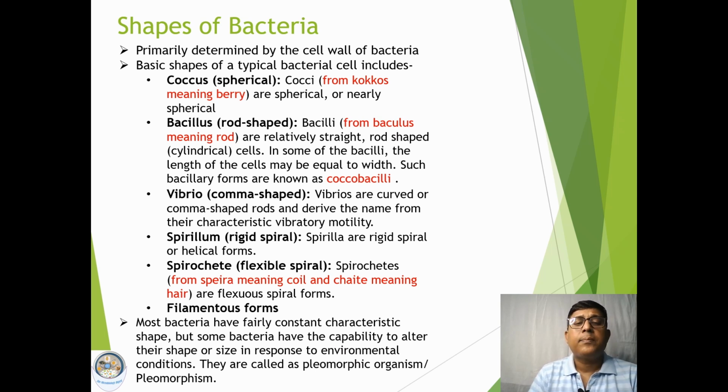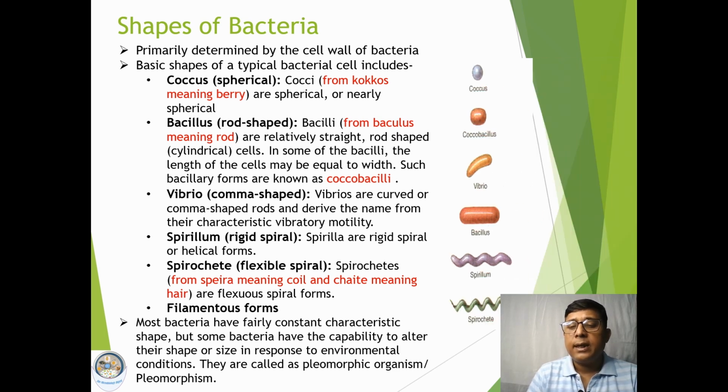Then the third type of shape is the vibrio. These are commonly called comma-shaped organisms. They are curved or comma-shaped and derive the name from their characteristic vibratory motility. Simply, vibrios are comma-shaped organisms.